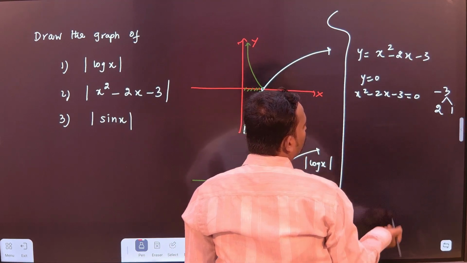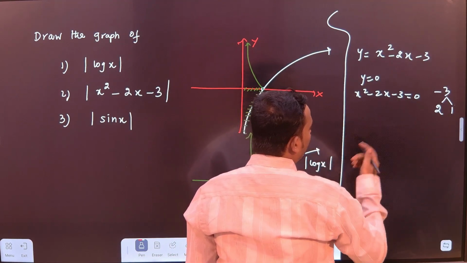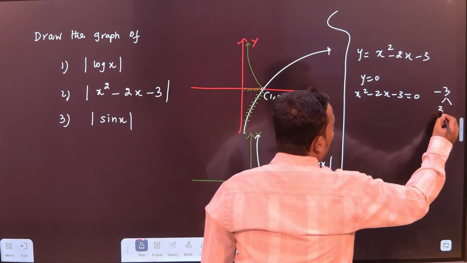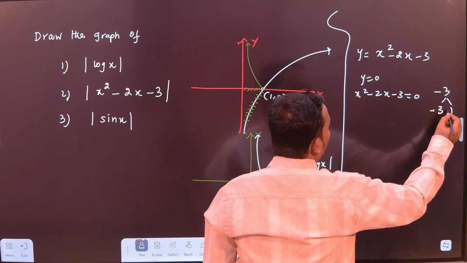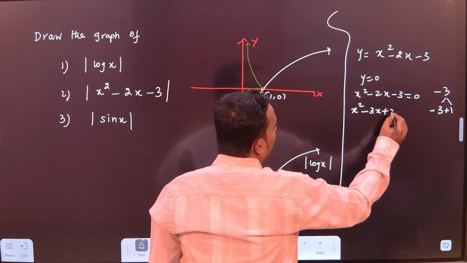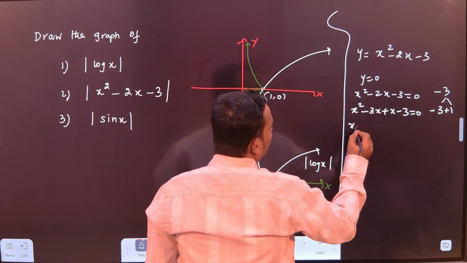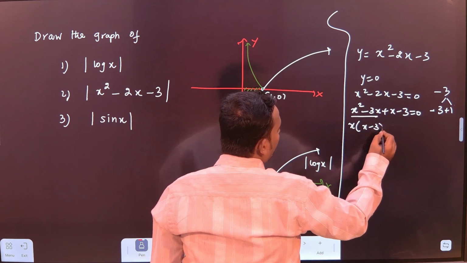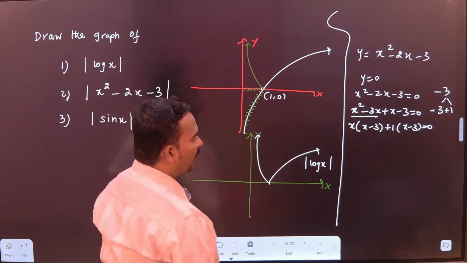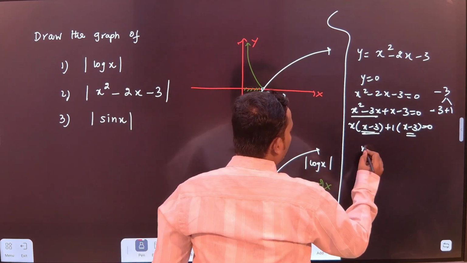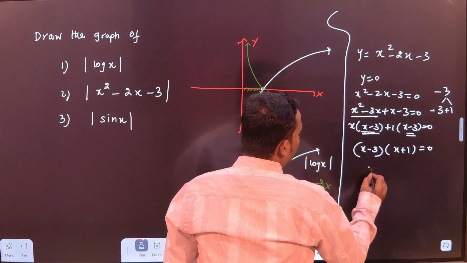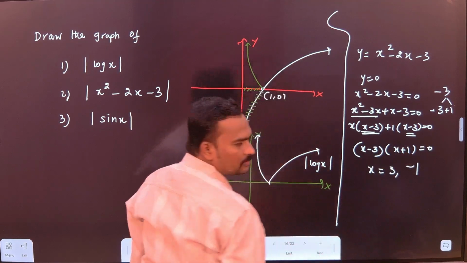So 3 into 1, so minus 3 plus 1 you can take. So x square minus 3x plus x minus 3 equal to 0. From the first two terms take x common, x minus 3, plus 1 times x minus 3, equal to 0. Clear? Then take the common factor x minus 3 out, x plus 1 equal to 0.